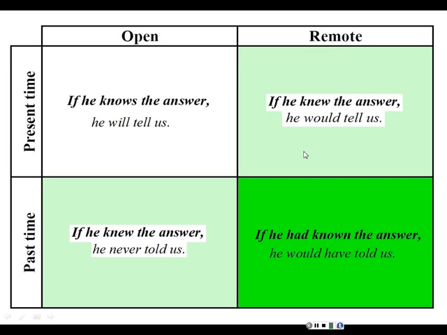There are these mixed conditionals where you might start off in one square and end up in the other one, but I won't get into those right now. For right now, just remember this. The past tense can show modal remoteness in the present time, or it can show past time, but it can't do both. If you want both, then you want your past perfect tense.